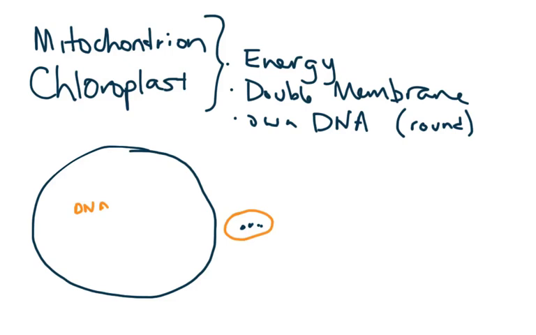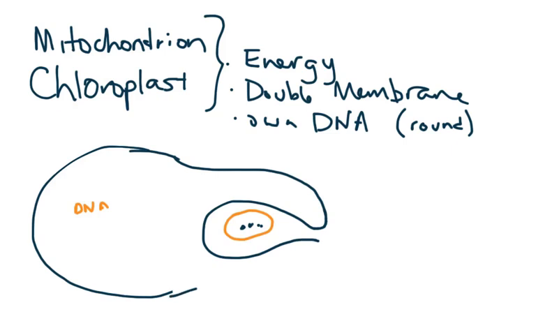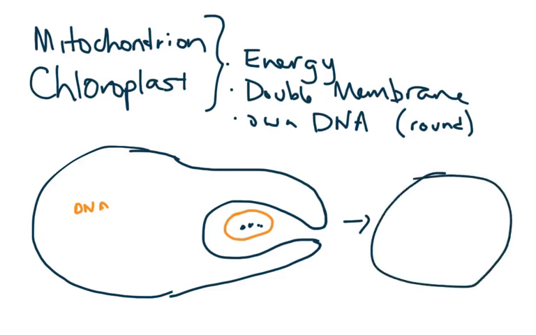Picture this for a second. It goes like this, and it builds itself a little hole like that. And lo and behold, we now have a cell that pinches off, and inside you've got a double membraned little thing.